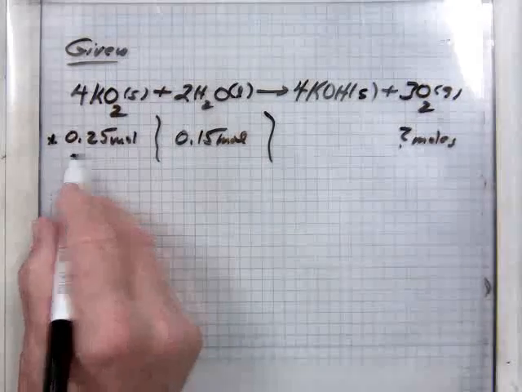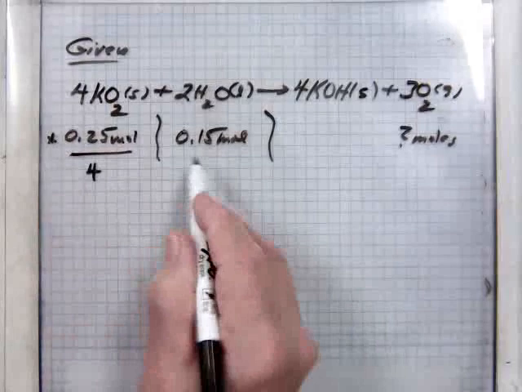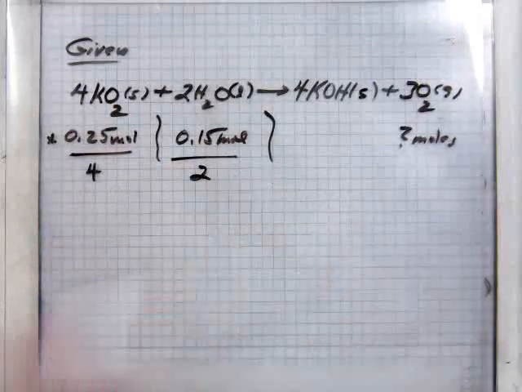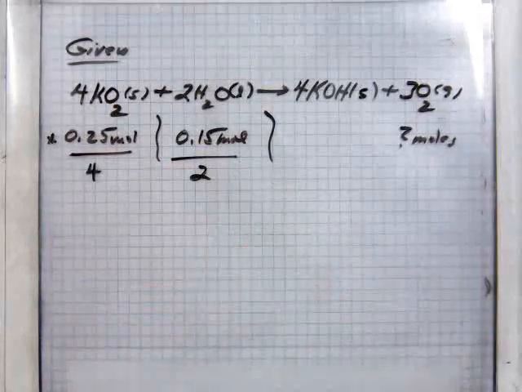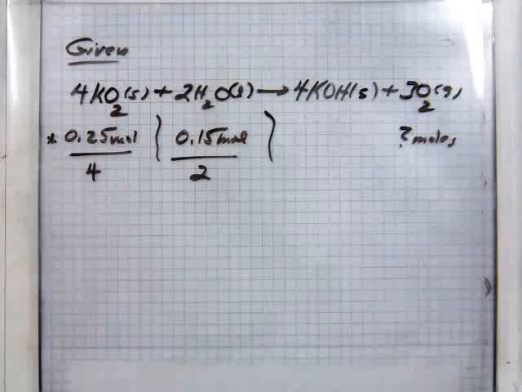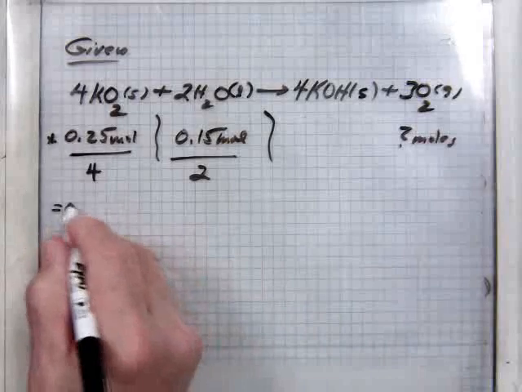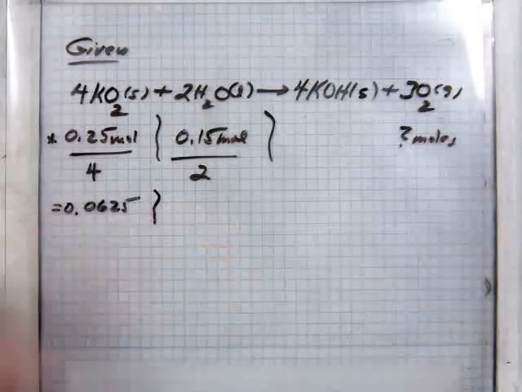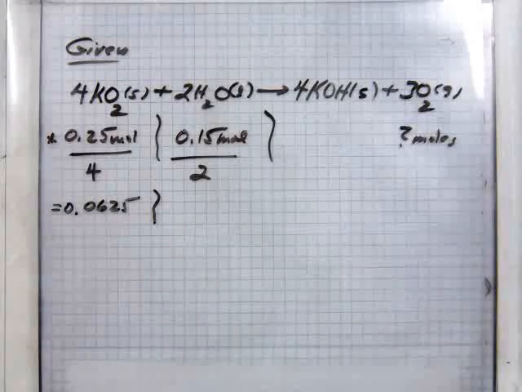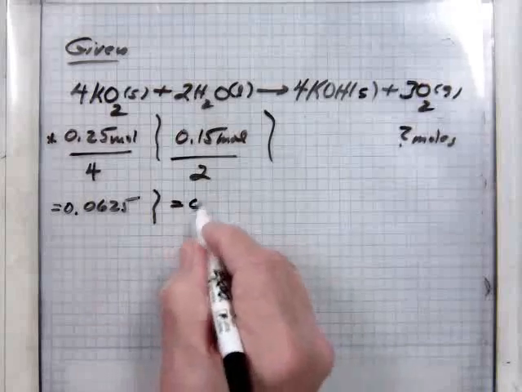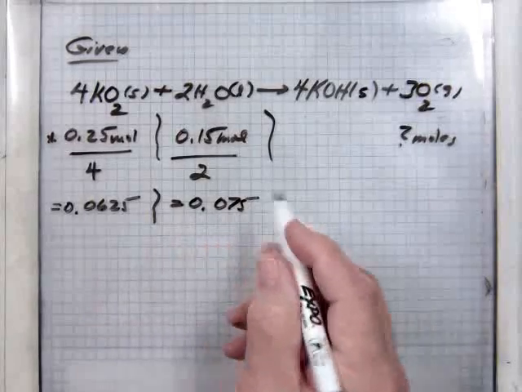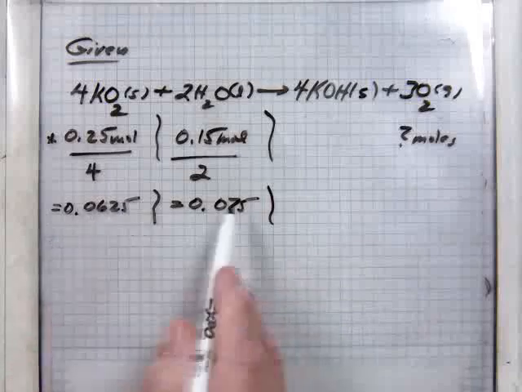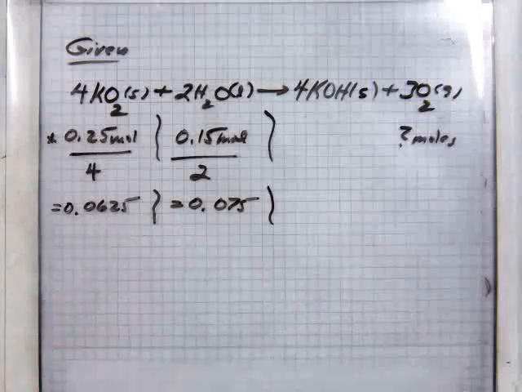So we want to divide this 0.25 by 4 and 2 by 2. And that gives you 0.0625 for the potassium superoxide and 0.075 for the water.